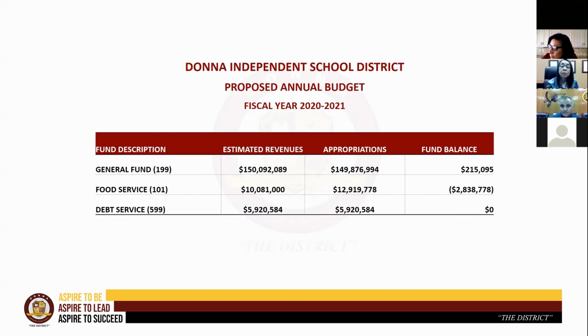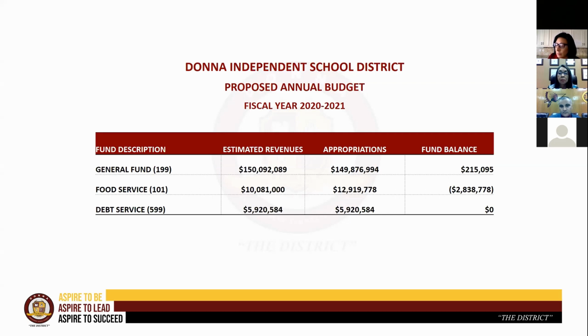So here is a summary of what we are proposing for our 2021 annual budget. If you see here the estimated revenues for our general fund, it's 150 million, with appropriations or expenditures of a little under $150 million, for a net change in fund balance of $215,000.95. So this is a surplus of $215,000.95.